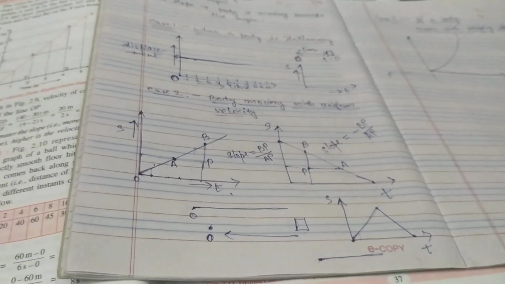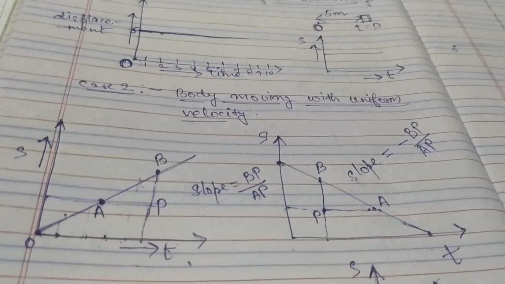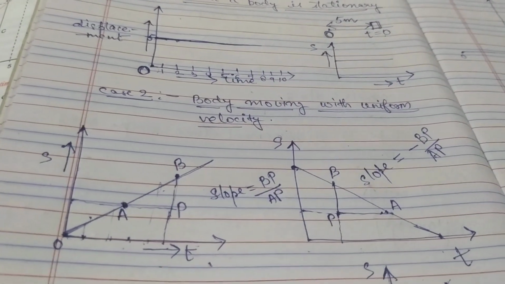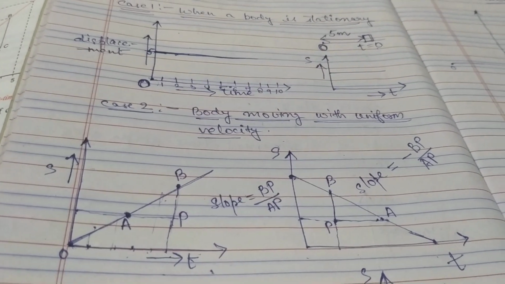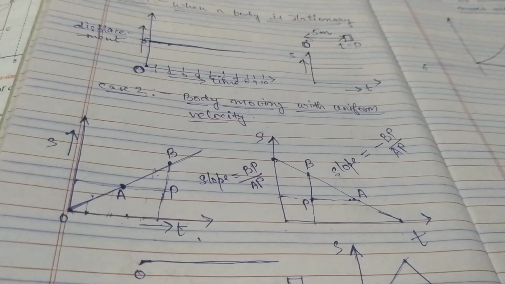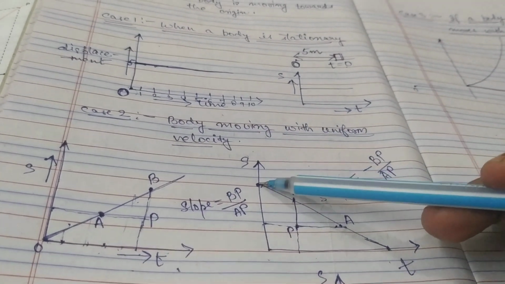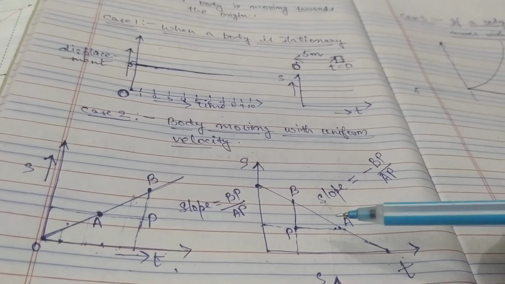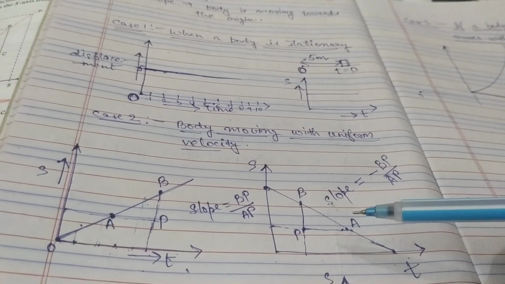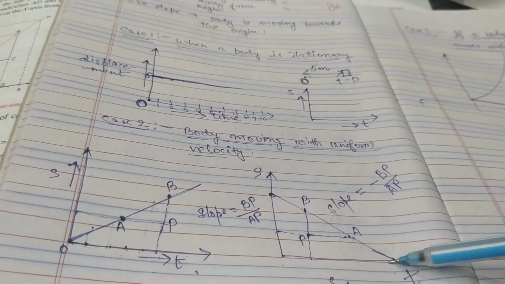See, how will you understand this? To understand this, you need to know that this graph was starting from here. So distance is decreasing, right?